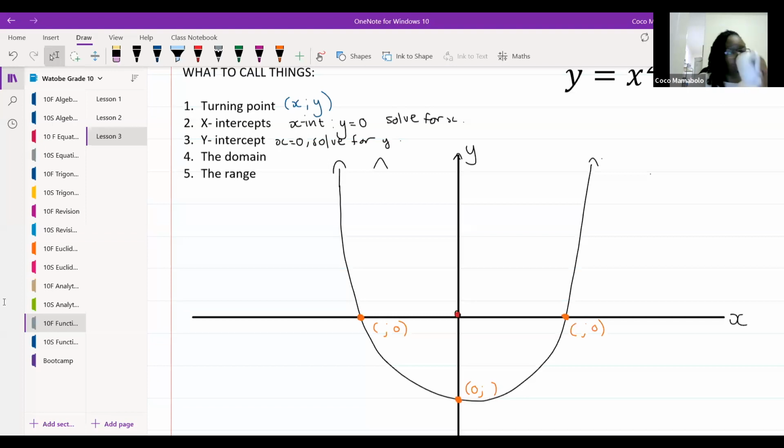Hi, Mateo. Hi, ma'am. Hi, my sweetie, what's up? Ma'am, I just wanted to say the turning point is when as x coordinates increase, y coordinates decrease, or as y coordinates increase, x coordinates increase.